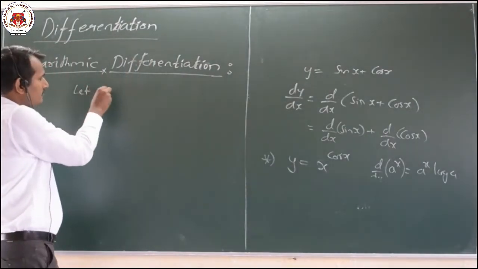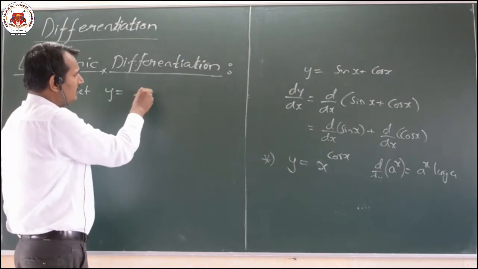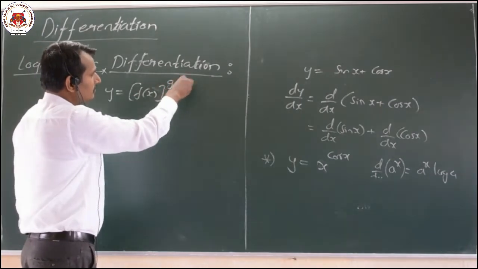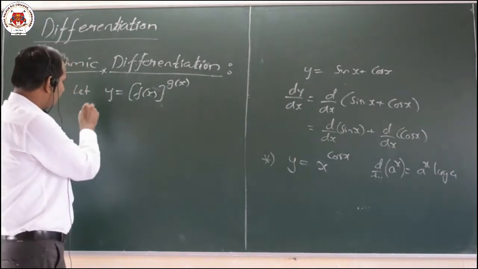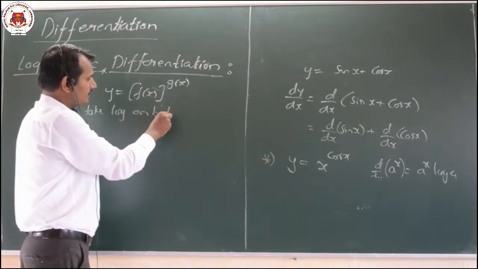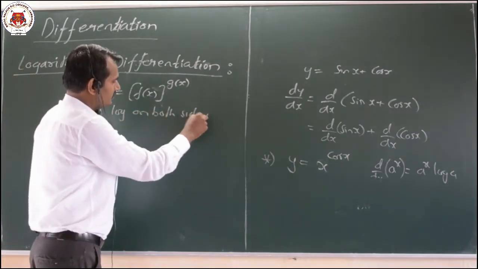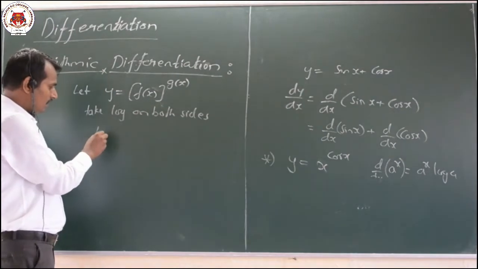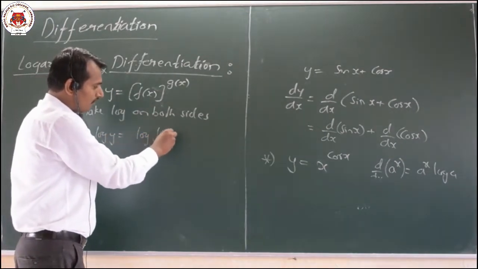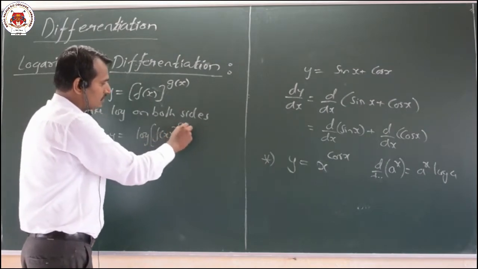Let y is equal to f of x to the power of g of x be the function. Then take log on both sides. So we have log y is equal to log of f of x to the power of g of x.